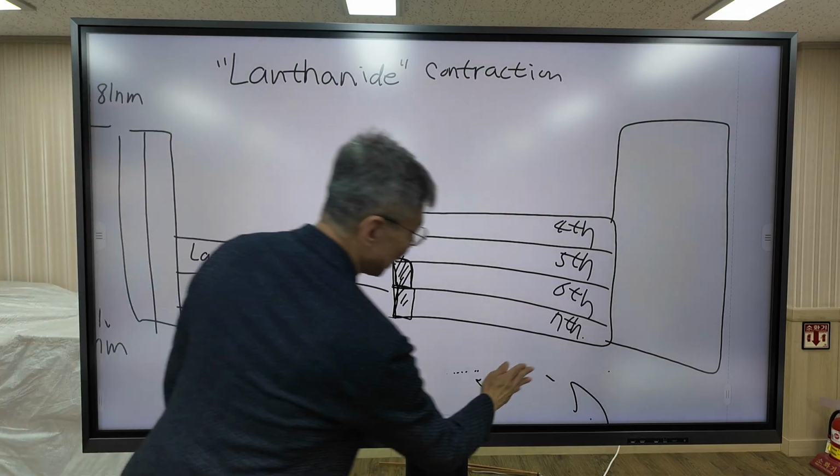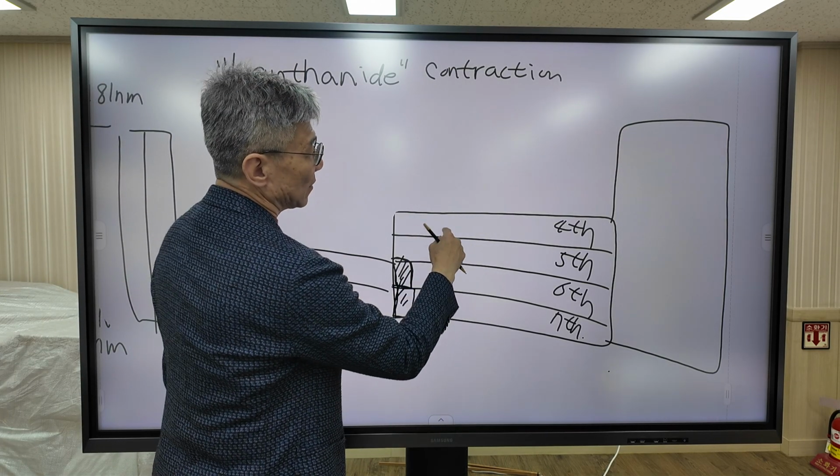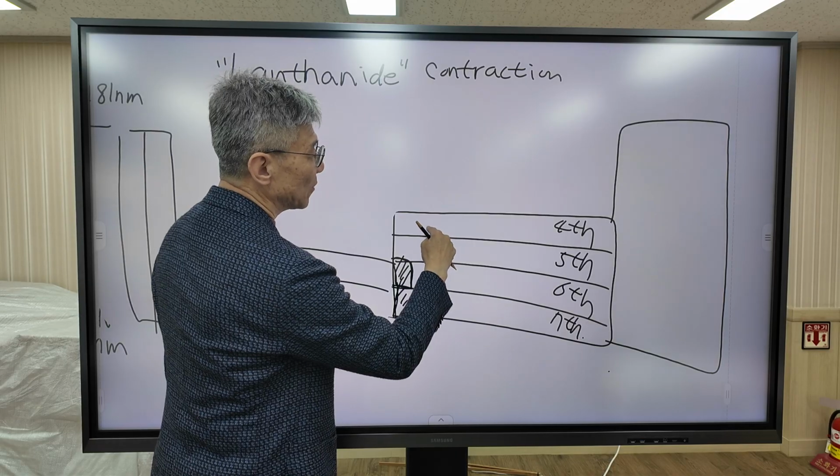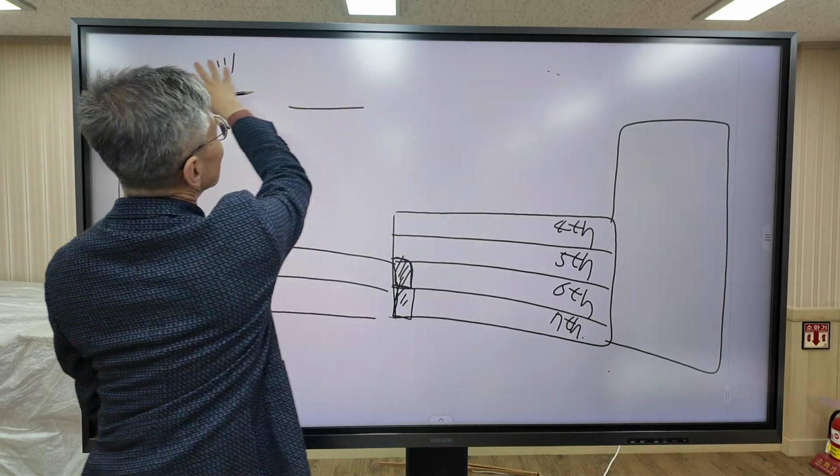Now, when you measure the atomic radius of the 4th period transition metals, the atomic size looks like this.